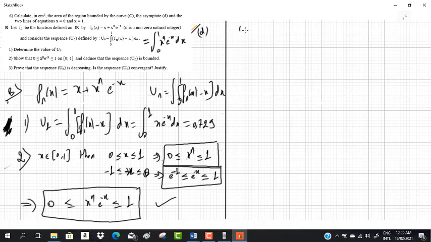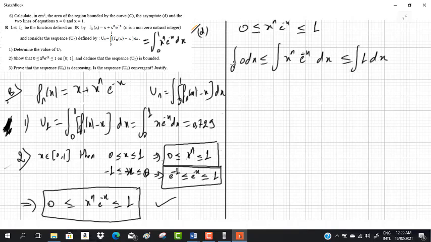I found a bounding for x^n e^(-x), so I take the integral of 0 dx less than the integral of x^n e^(-x) dx, less than or equal to the integral of 1 dx, between 0 and 1.